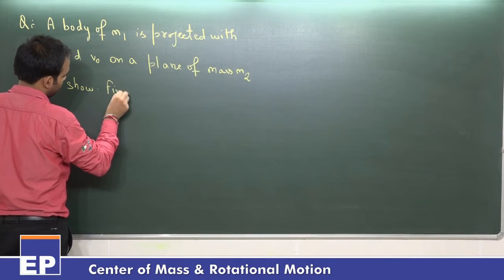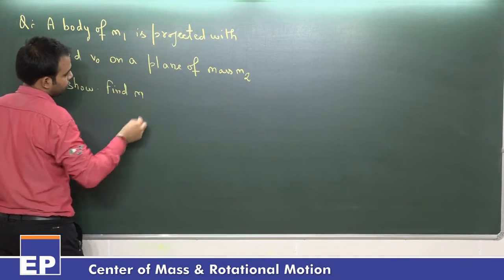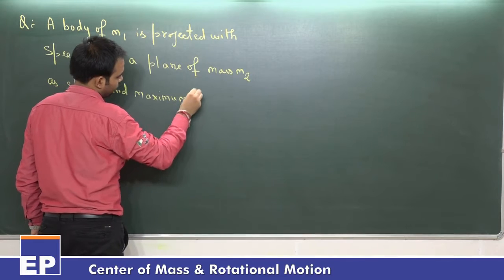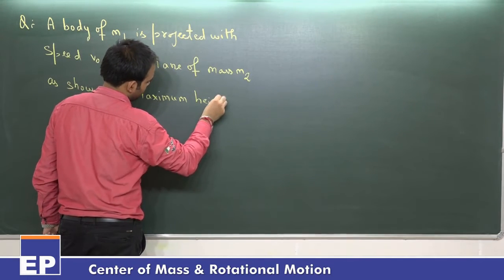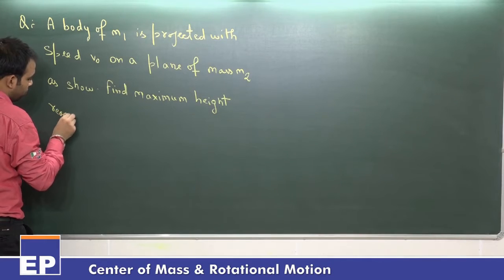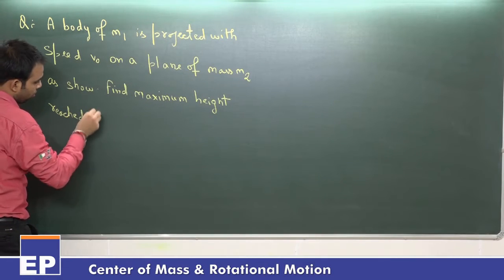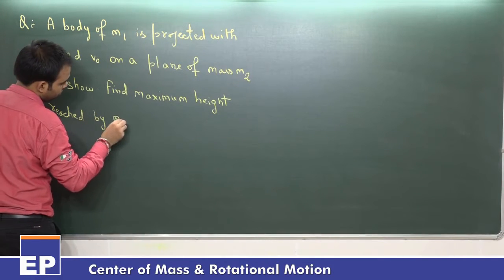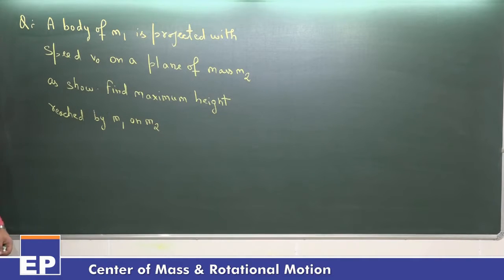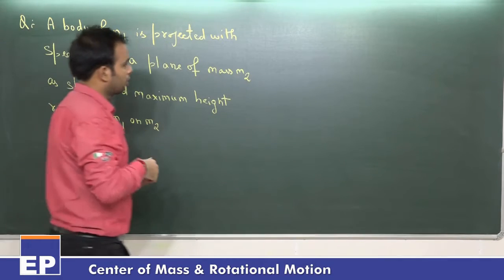Find the maximum height reached by m1 on m2. So what is the maximum height reached? You have to calculate this.